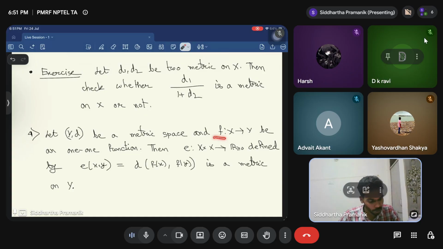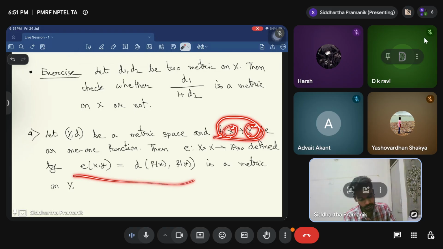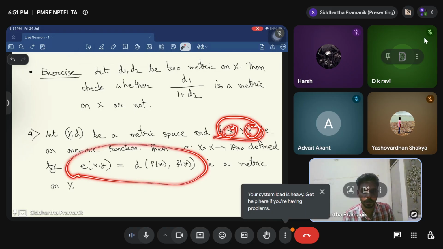So you have a one-one function from a set X to another set Y, and your codomain is a metric space, right? And you want to create a metric on the domain using that metric of the codomain. And this is the conventional or usual way.